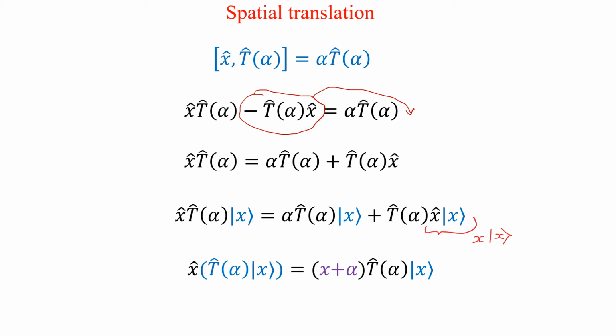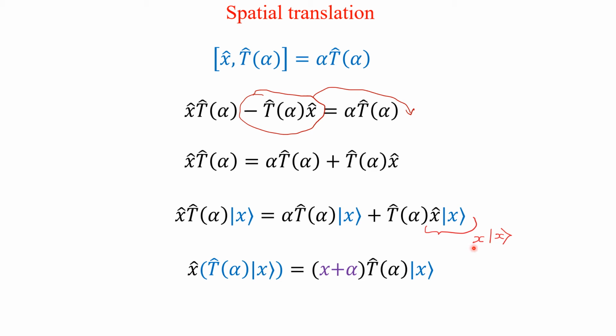Now, one important point is that x is an eigenvalue of operator x. Naturally, |x⟩ is an eigenvector of operator x. Then T|x⟩ is also an eigenvector of the operator x.